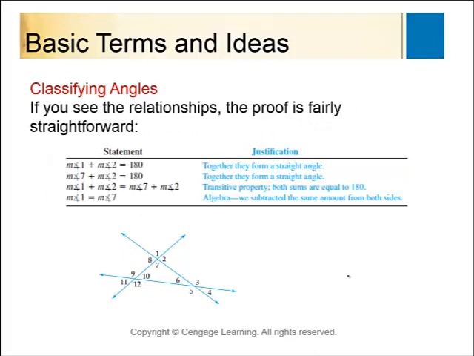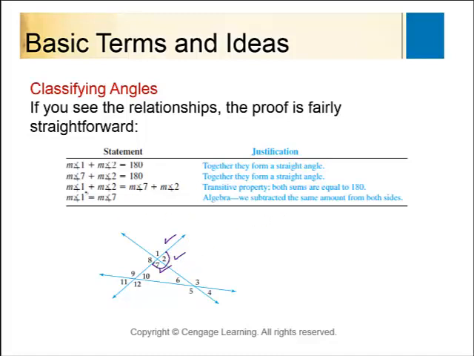So here's a proof showing that vertical angles are congruent. You would look at this and say the measure of angle 1 and the measure of angle 2 are supplementary, they form a straight angle. The measure of angle 2 and angle 7, these two also form a straight angle.